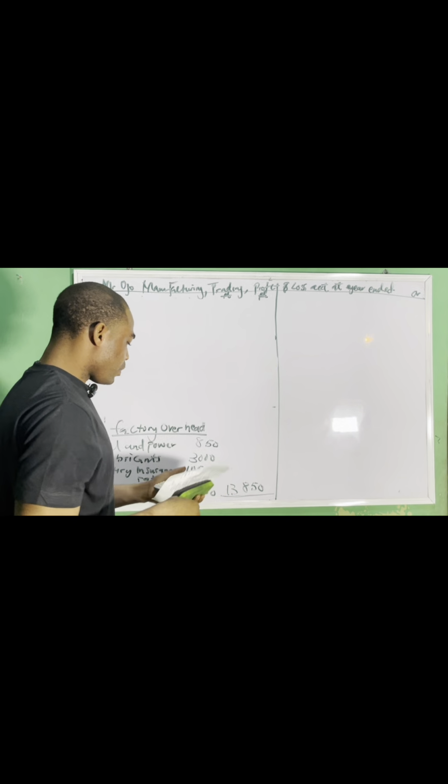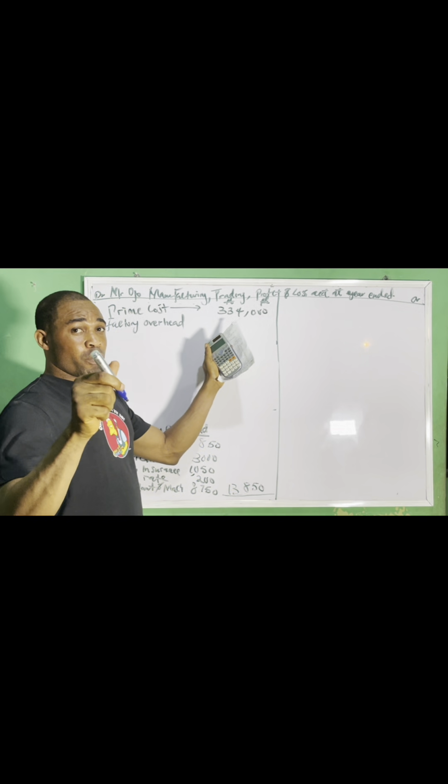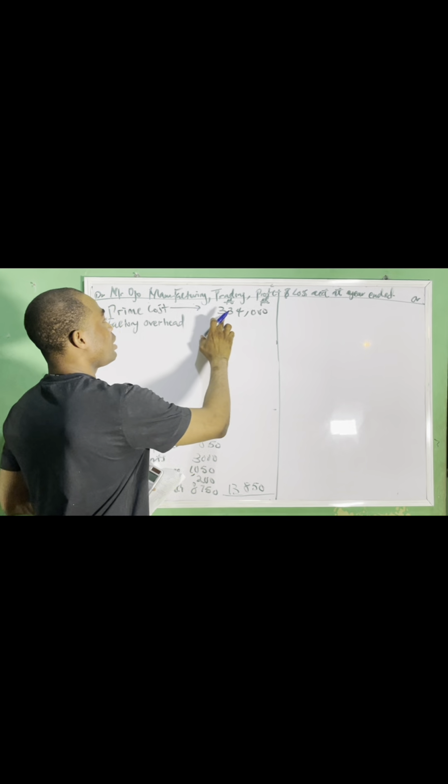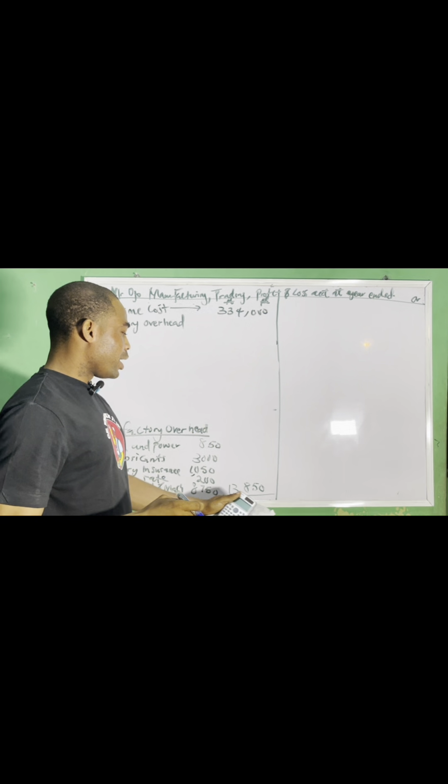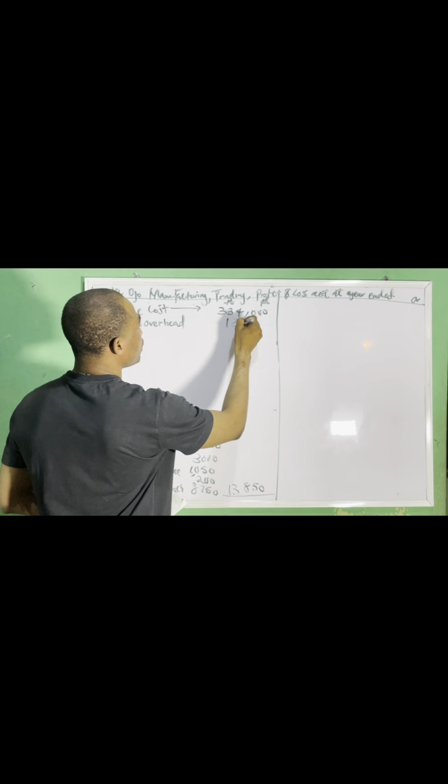So now we need to add this value. The value of our prime cost is 334,000. Then the value that we get for the factory overhead is 13,850.